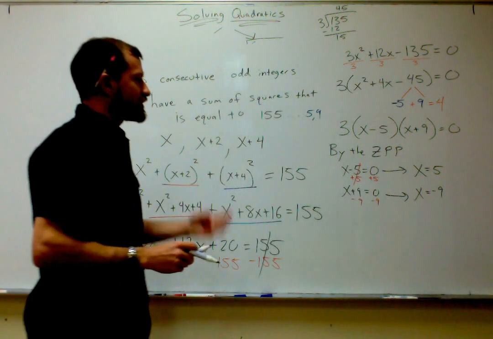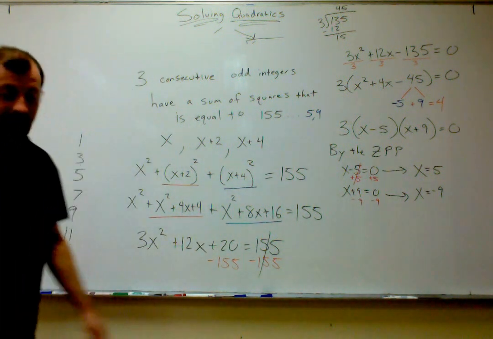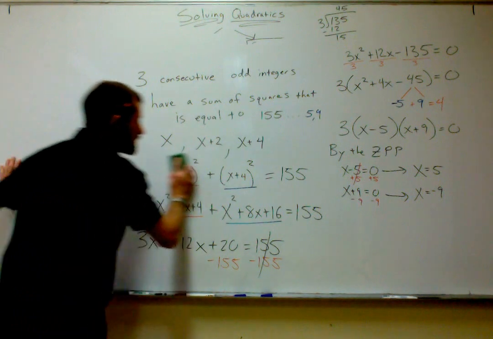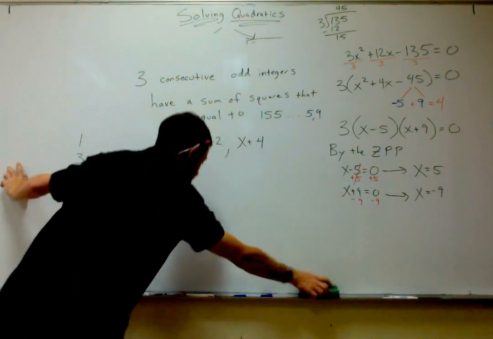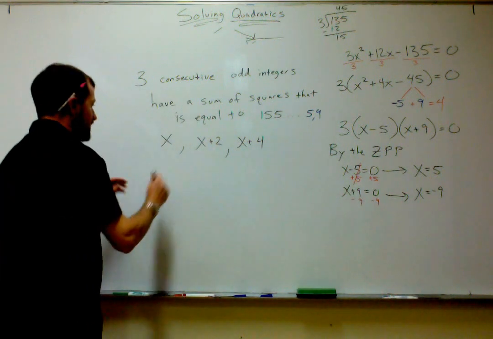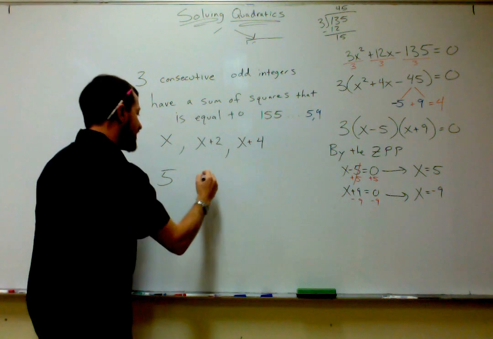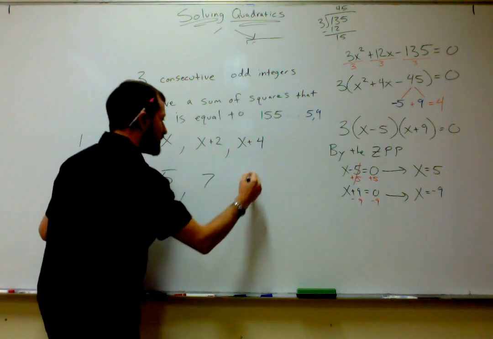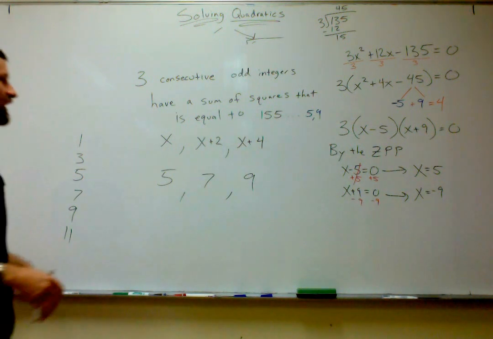So let's answer this question. What are the integers? Well, if x is 5, then I'll have 5. 5 plus 2 is 7. 7 plus 4 is 9. Awesome. What if x is negative 9?